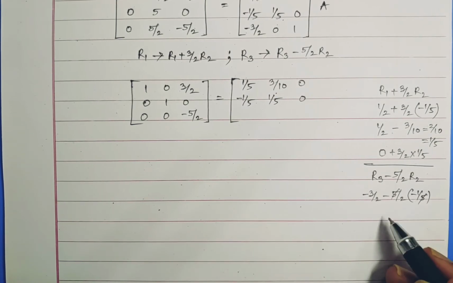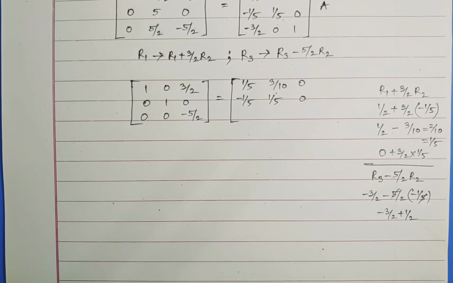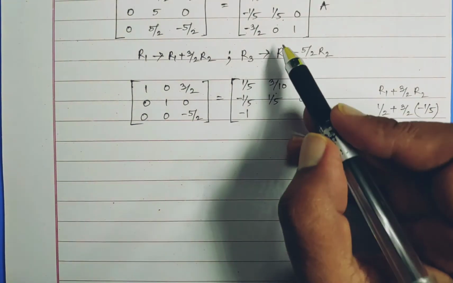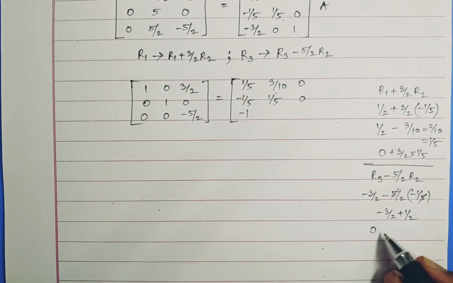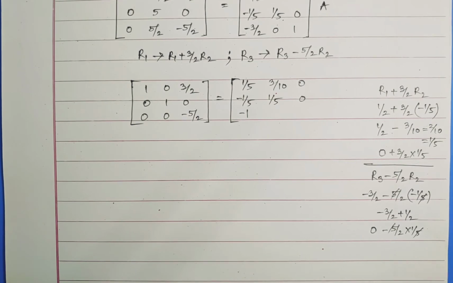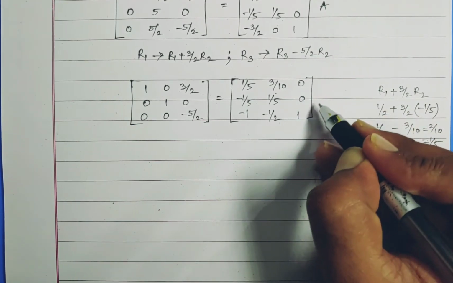So it is plus 1 by 2. So minus 3 by 2 plus 1 by 2. How much is that? It's minus 1. So I write here minus 1. Okay. The next one is 0 minus 5 by 2 into 1 by 5. So 5 gets cancelled. It's minus half. And the next one is 1 minus, so it will be 1 itself.